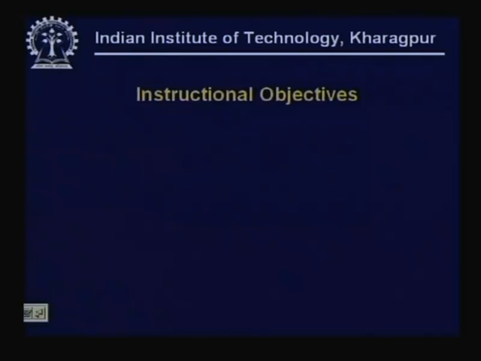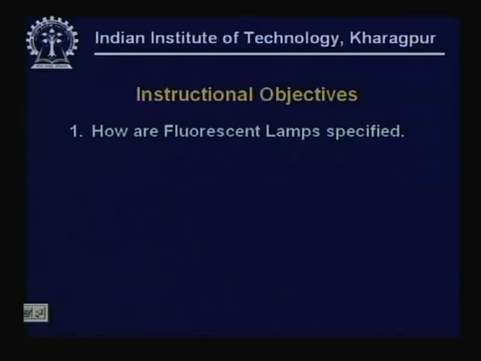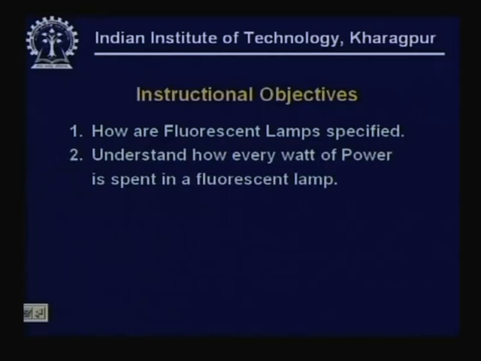Okay. So, with this in mind, the instructional objectives for this lesson could be listed as: how are fluorescent lamps specified, and understand how every watt of power is spent in a fluorescent lamp.